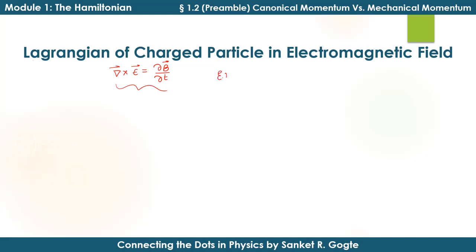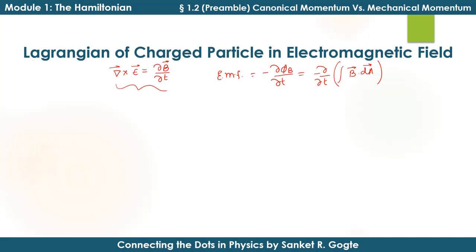Faraday's law of induction says that the EMF induced is given by minus dou phi_B by dou t, where phi_B is the magnetic flux, which is given by the integration B dot dA.